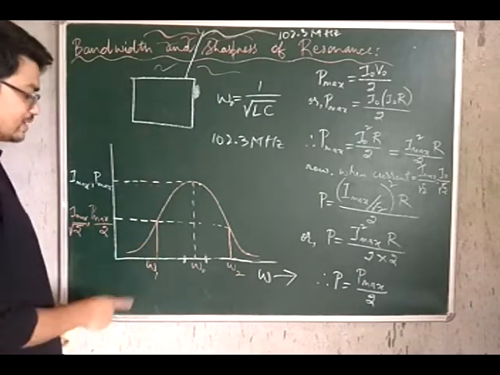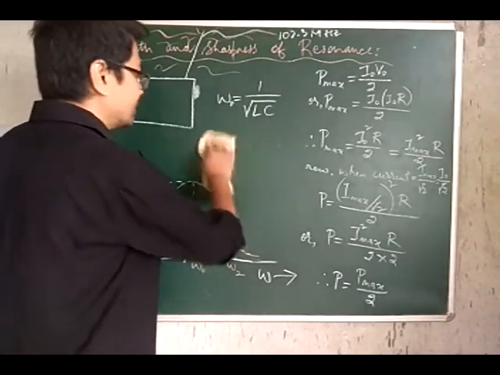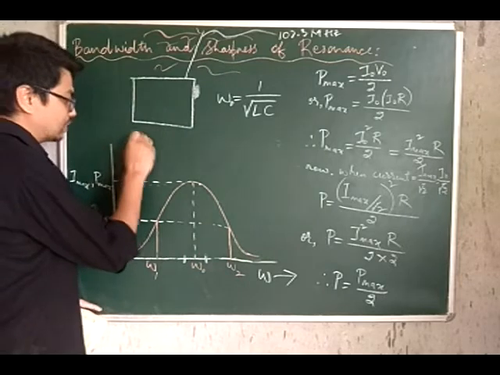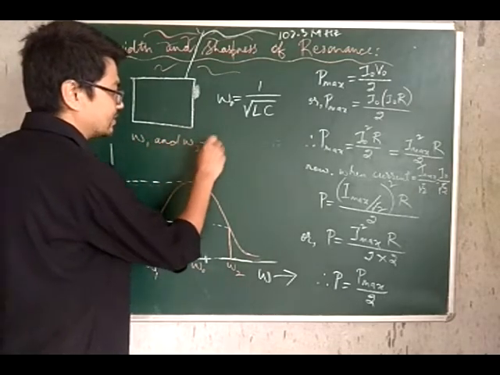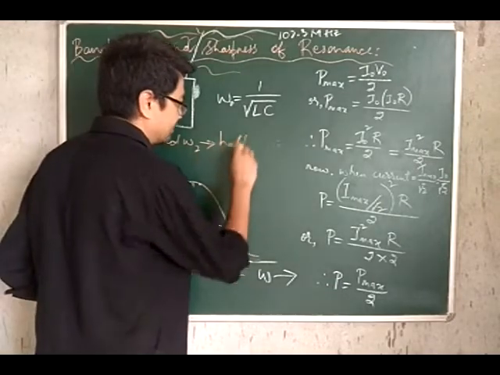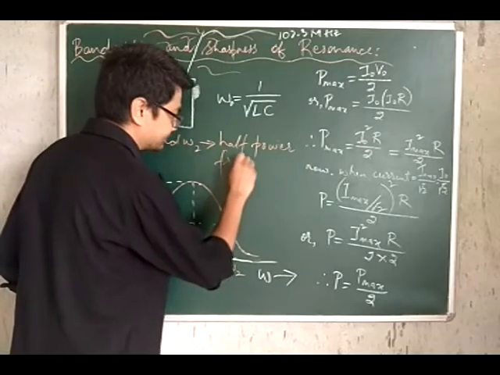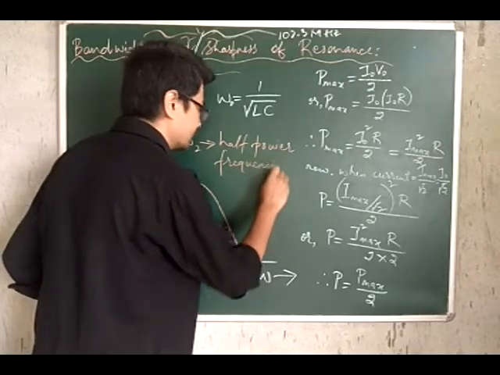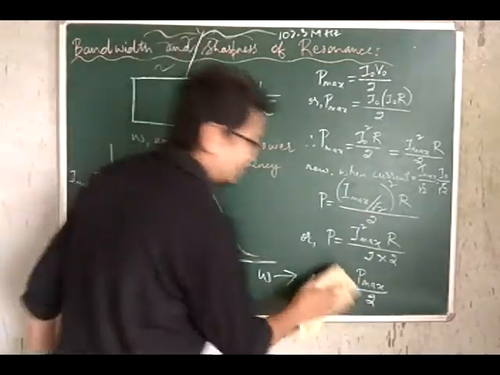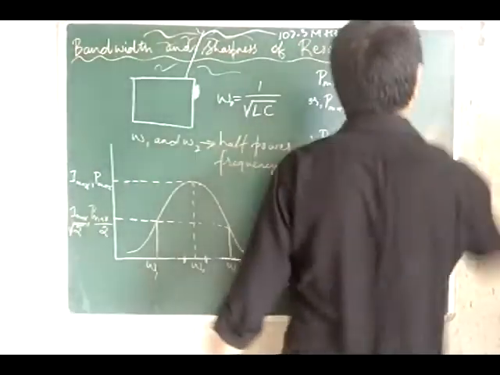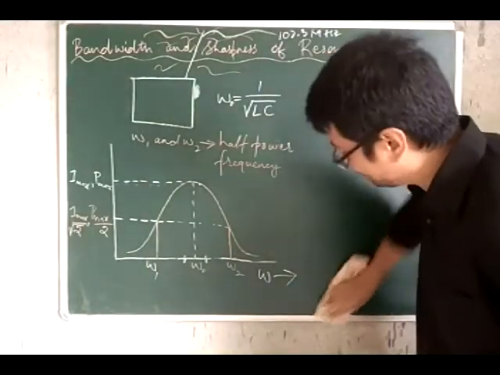Since omega 1 and omega 2 correspond to half value of maximum power, they are also called half power frequencies.